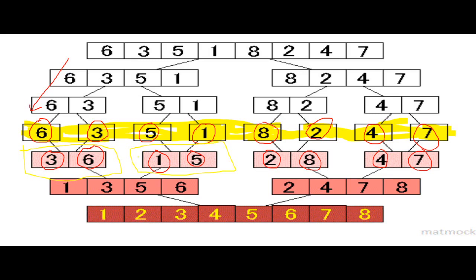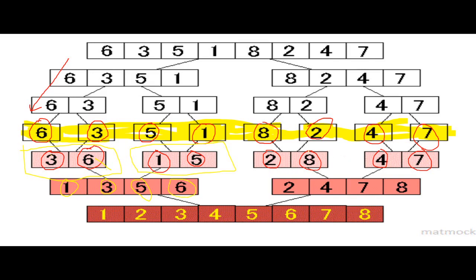Like 1 will be compared with 3 and we find that 1 is the smallest, so we will add 1 here. After that we compare 5 with 3 and we find that 3 is the smallest, so 3 will be added here. Then we compare 5 with 6 and we find that 5 is the smallest, so we add 5 here. And the remaining elements, like here there is only one element, will be copied into the next location.